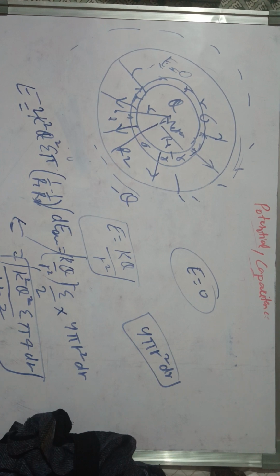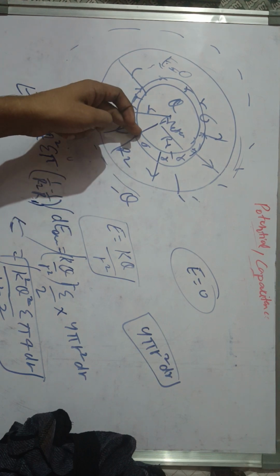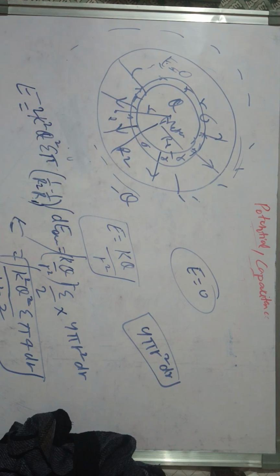We are integrating from R1 to R2, where R2 is the larger radius and R1 is the smaller radius.